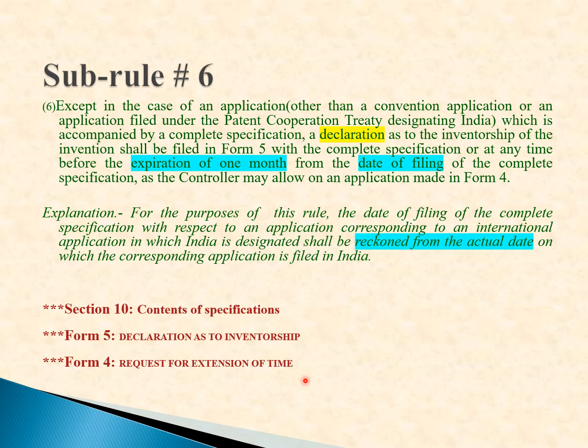So we can say here the applicant has to furnish a declaration as to the inventorship according to Form 5 along with the complete specification before the expiry of 1 month from the date of filing of the complete specification, as per the timeline provided by the controller on an application made via Form 4, because we know that Form 4 is about request for extension of time.